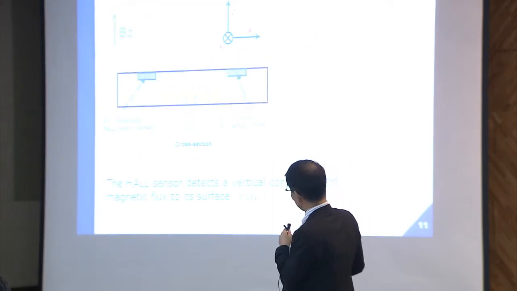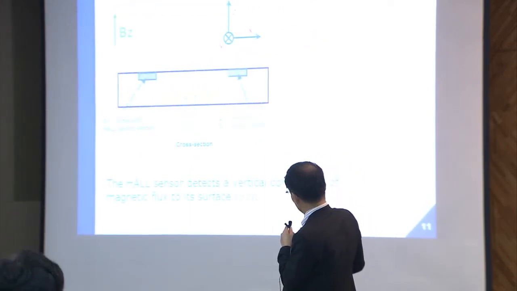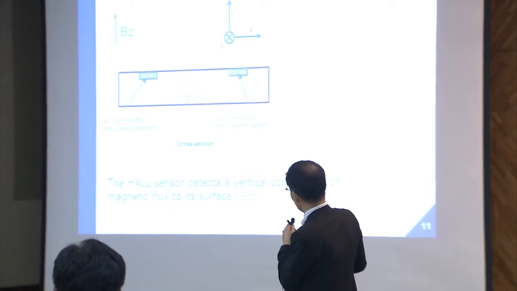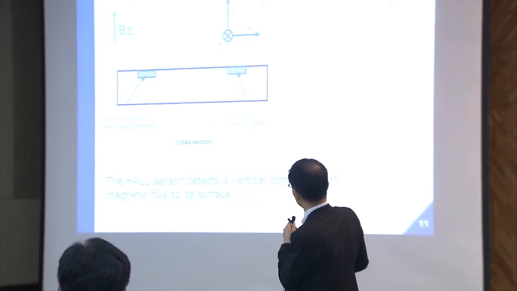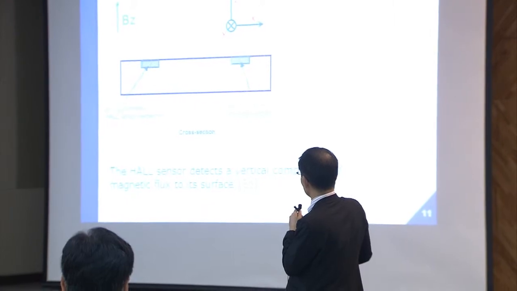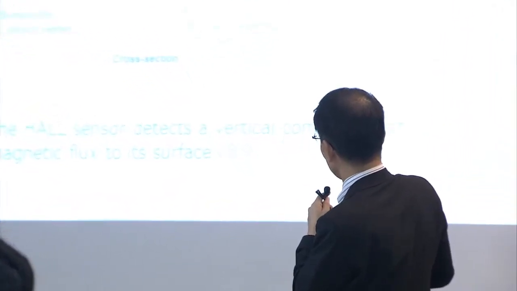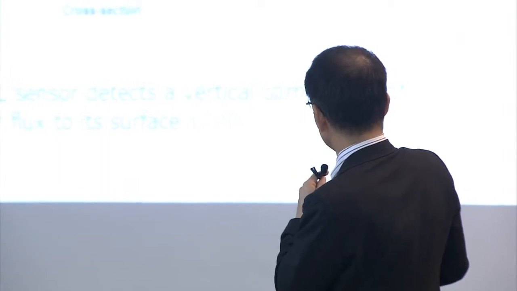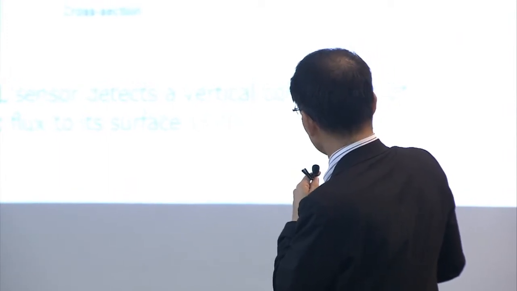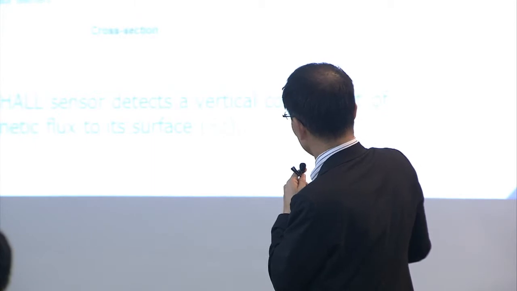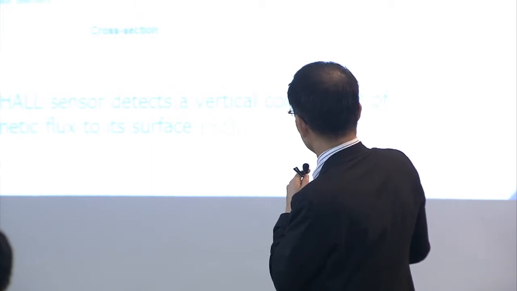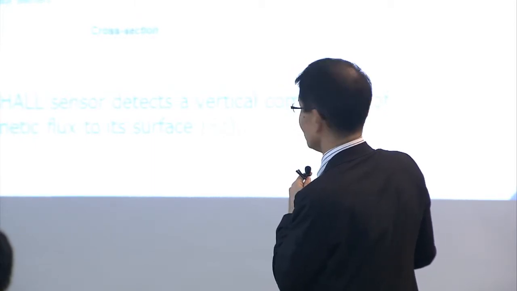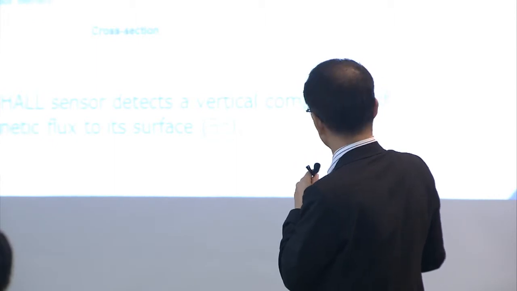And when we put a Hall element into the magnetic field, the Hall sensor can detect only the vertical component, and it does not detect the horizontal component. This is the point.